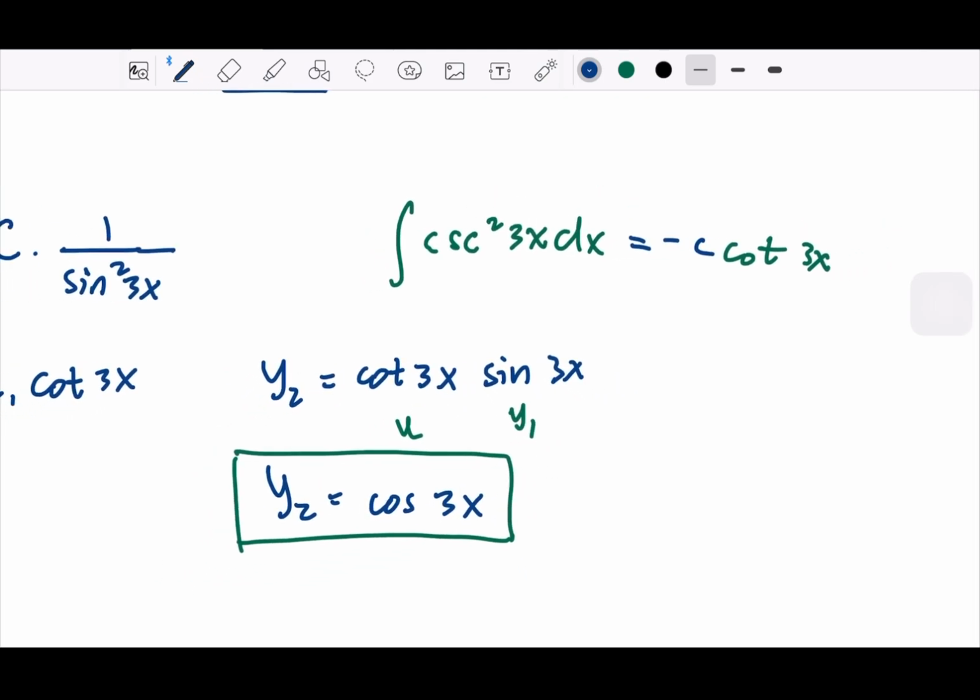But we don't have any interest in the constant, negative or positive. We only care about the function.